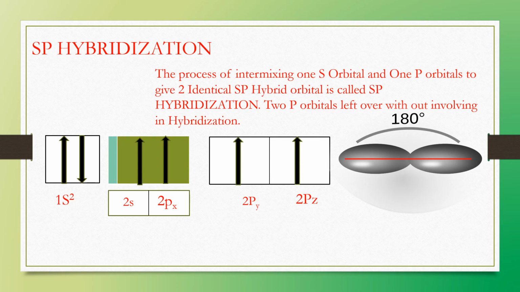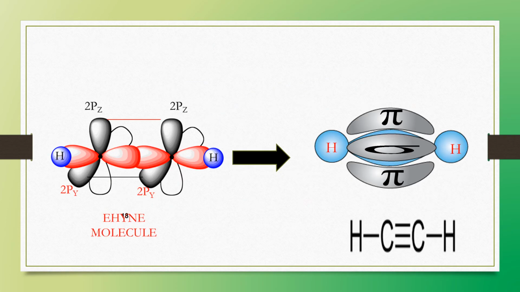Let us consider the example of the formation of the acetylene molecule, or ethyne molecule. See this example, when two carbon atoms come close together, the sp hybrid orbital of one carbon and that of the other carbon overlap linearly, and a sigma bond is formed.